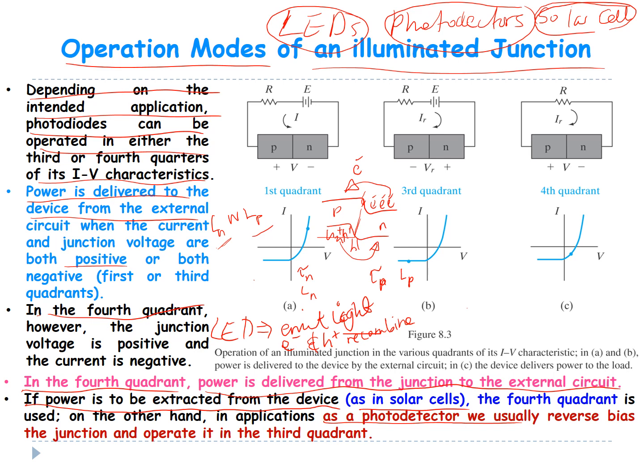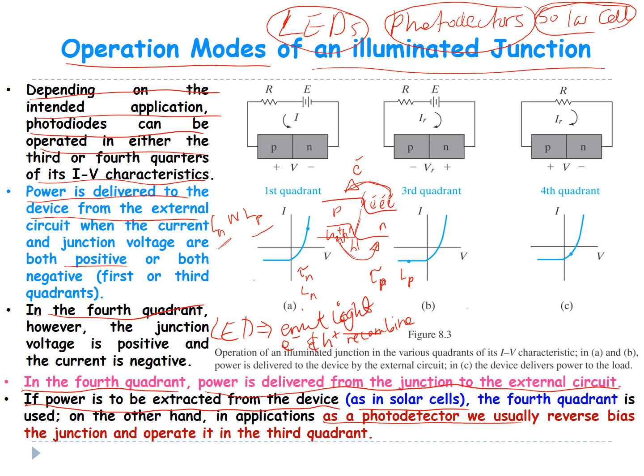So you can see that all this depends on the migration of carriers from a region of higher carrier concentration to a region of lower carrier concentration. We are saying here electrons should move from N to P, holes from P to N. So this is diffusion, right?